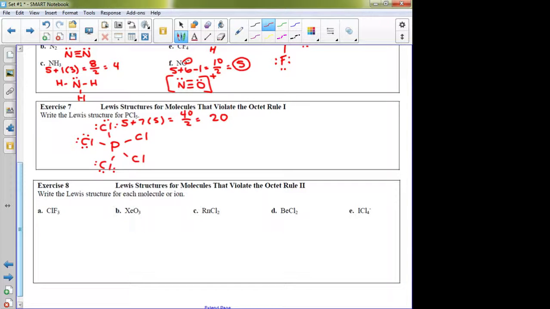Put my dots around my chlorine. So then I double check myself. 4, 8, 12, 16, 20. Can you count that one? Sure. So this is 1, 2, 3, 4. So there's 4, 8, 12, 16, 20.